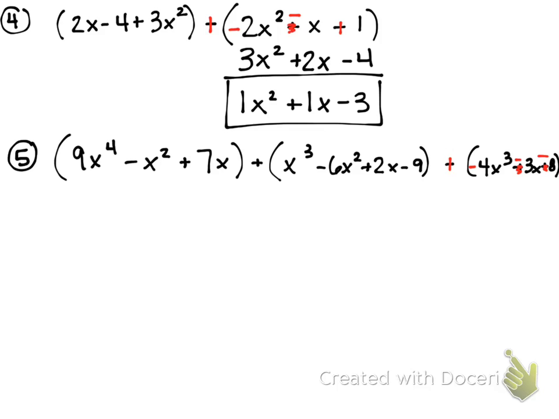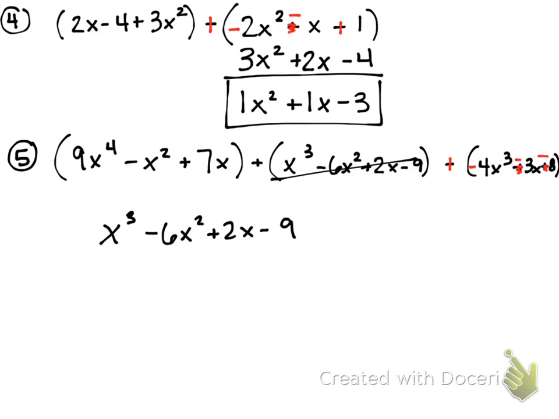Well, I've got 3 here, 4 here, and 3 here. So which ones do I want to start off with? The middle one, okay? So we're going to have x cubed minus 6x squared plus 2x minus 9. And then I can just line up whichever set I want to next. So I'm going to do the first one.